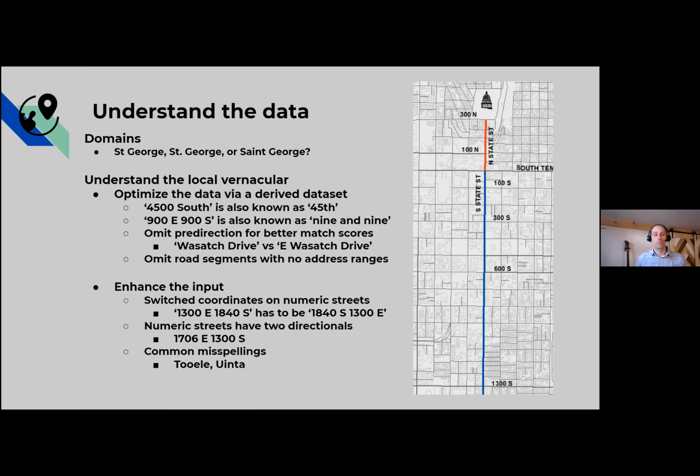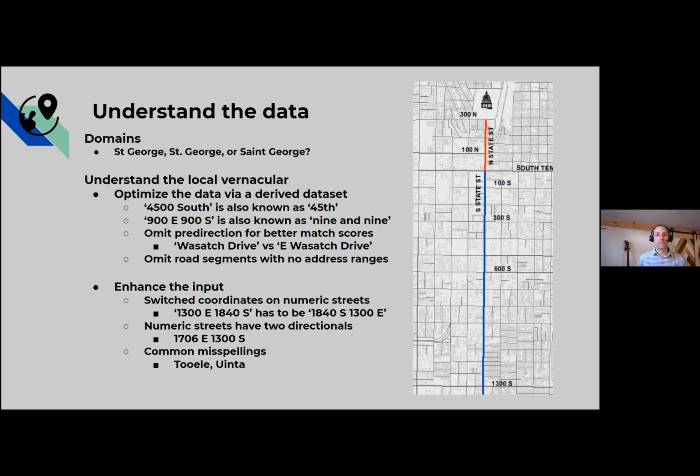If you build the geocoder with that and you try to code a valid address but don't put in the East, because we locally just say Wasatch Drive, you're not going to get a 100 score. You're not going to get a 100% match because you lacked the E. So you can know where and when to omit that and put in additional records, so that when somebody puts in Wasatch Drive, you do get a 100% match.